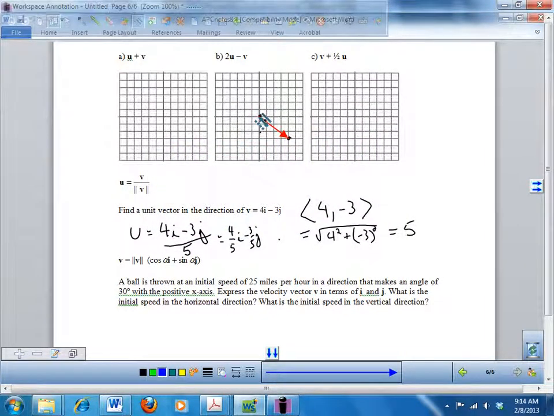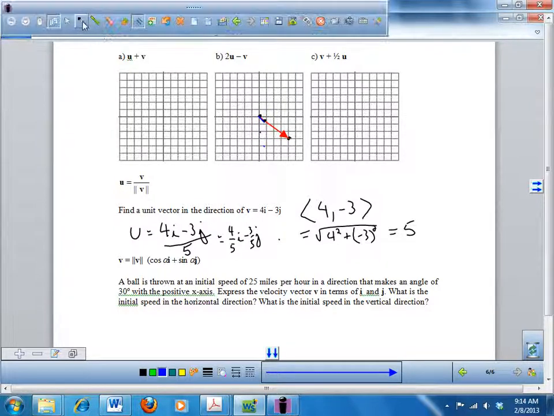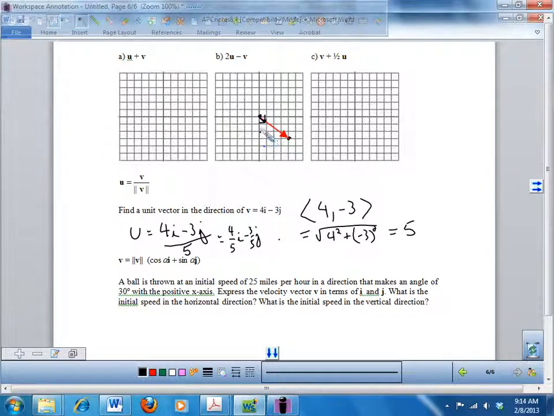Okay, so that's not chartreuse. This teeny little vector, you can barely see it, has the same direction as this vector, but its length, or its magnitude, is equal to 1.